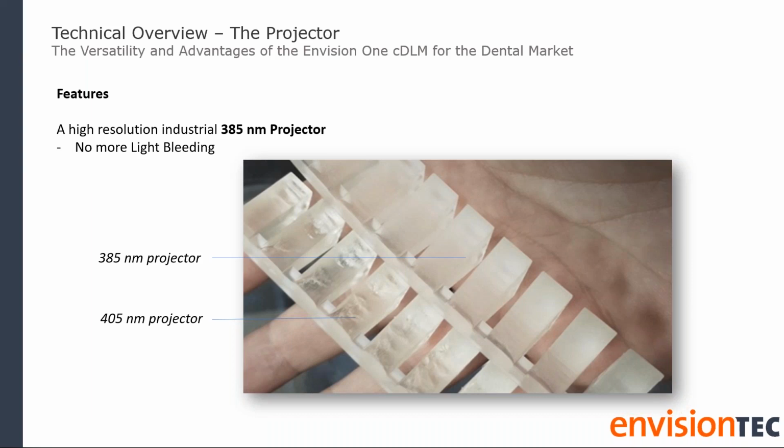With translucent materials like E1 Guide and E1 Guard, the 385 nanometer LED projector gives us a clear surface finish. EnvisionTEC's patented contour grayscaling technology takes this one step further, allowing for an XY resolution boost from the native XY resolution of 93 microns to only 60 microns.